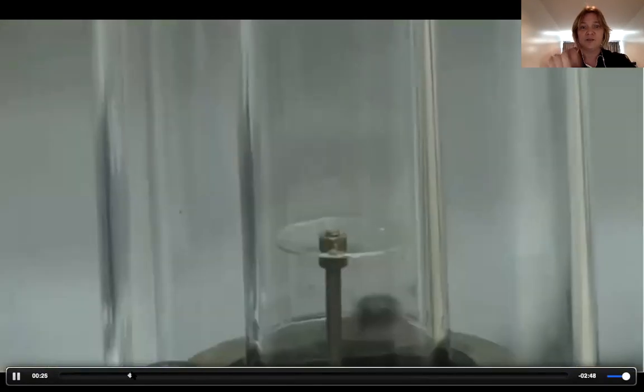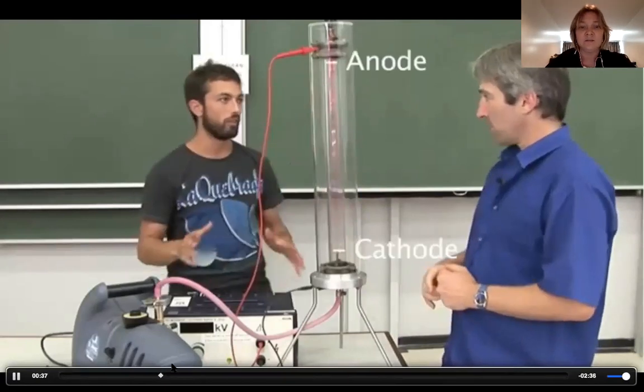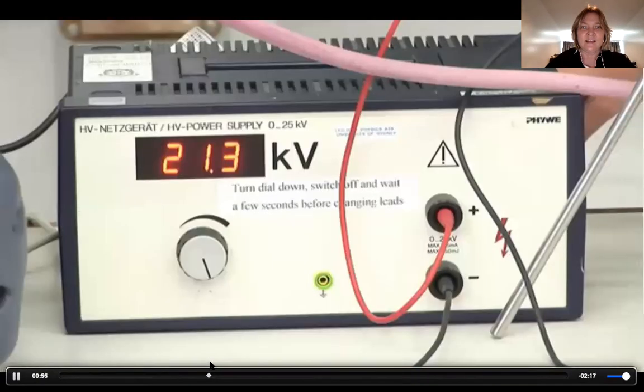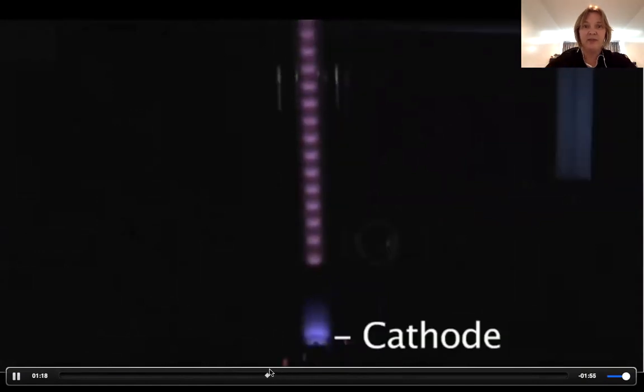You can see here there's the metal plates for the cathode. You have the anode at the other end. And I think the gas inside there is hydrogen, because you'll see it is nice and pink. And so here you can see that's where the cathode ray is moving from the cathode end to the anode end.